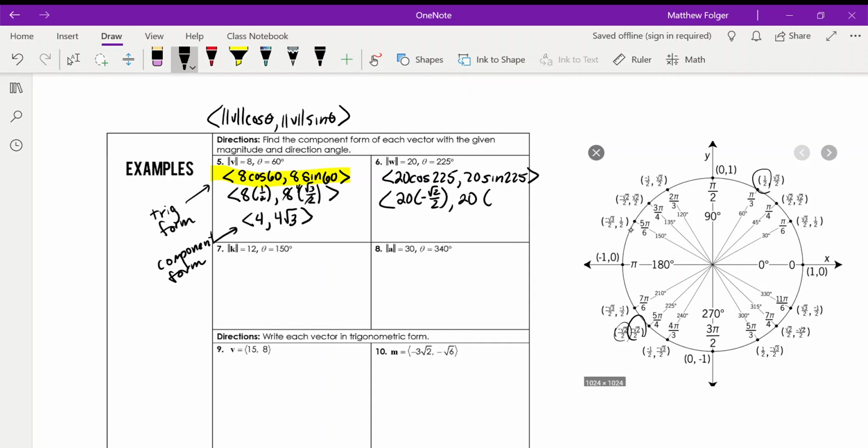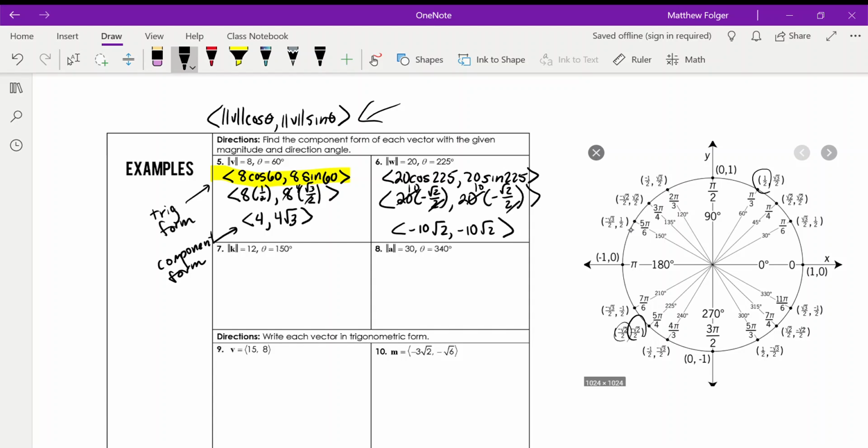So these are going to be the exact same thing. Let's see what happens. We reduce these, so it's negative 10 square root of 2, comma, again, negative 10 square root of 2. So these are pretty simple. If you're given the magnitude and the direction angle, you can find the component form relatively simply, as long as you remember the trigonometric form formula up here.